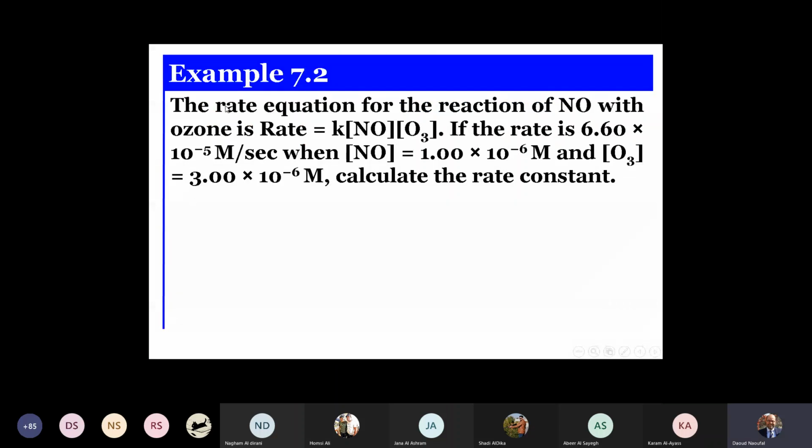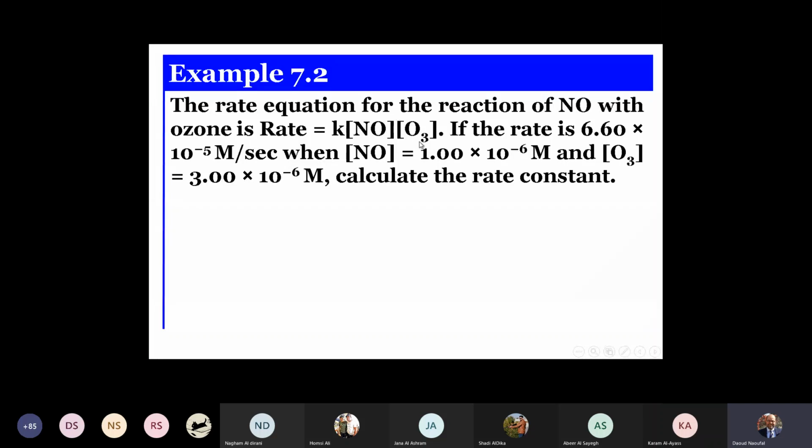Example 7.2. The rate equation for the reaction of NO with ozone is R equals K times the concentration of NO times the concentration of O3. So the partial order of the reaction with respect to NO is equal to 1.